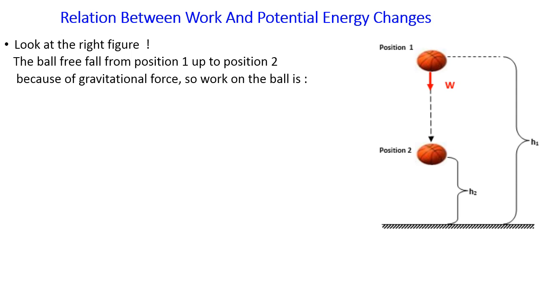From the figure, we see that the ball falls from position 1 to position 2 because of gravitational force. So the work on the ball is work equals F times S, where F is caused by the weight of the object.